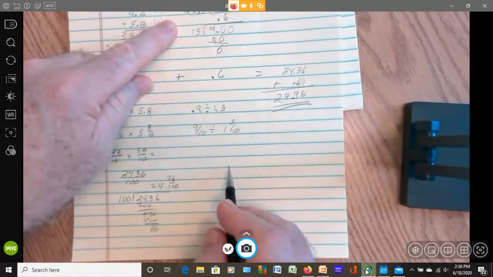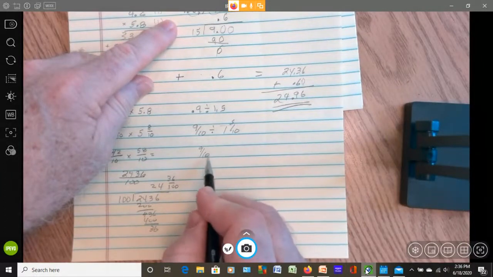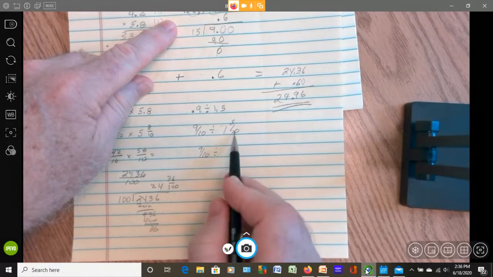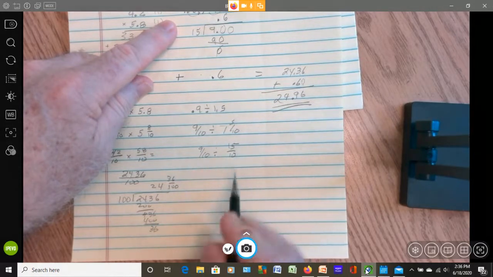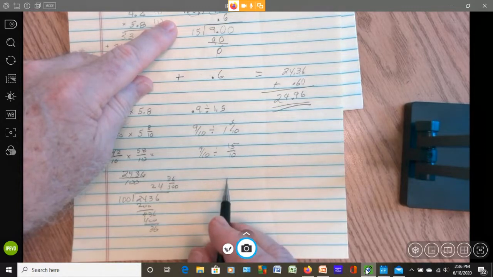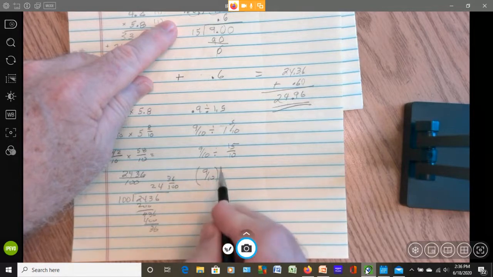Yep, 9/10 divided by 1 and 5/10. That's 9/10 divided by 15/10. Oh goodness. How are we going to do this? Keep, change, flip.